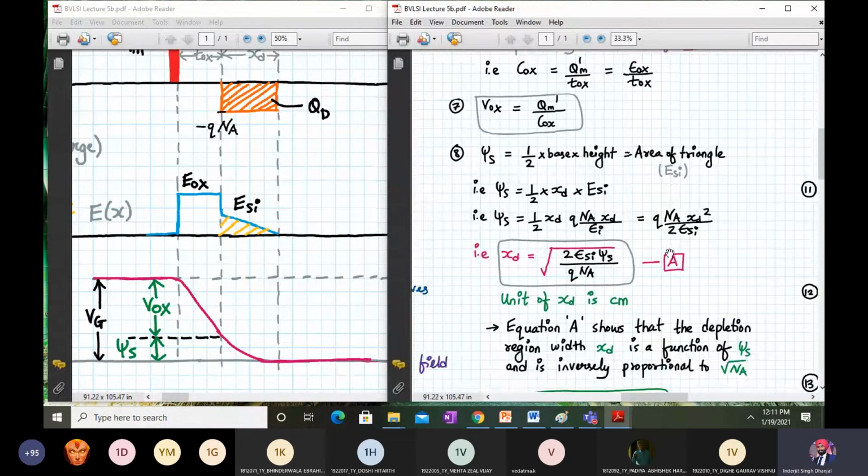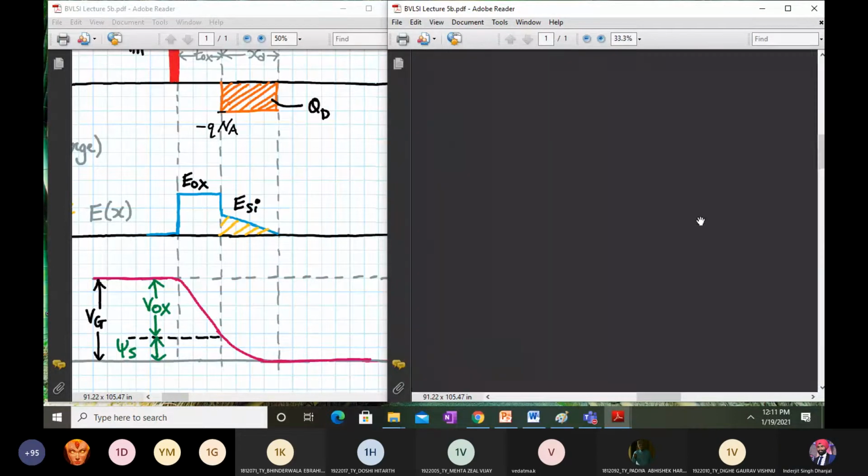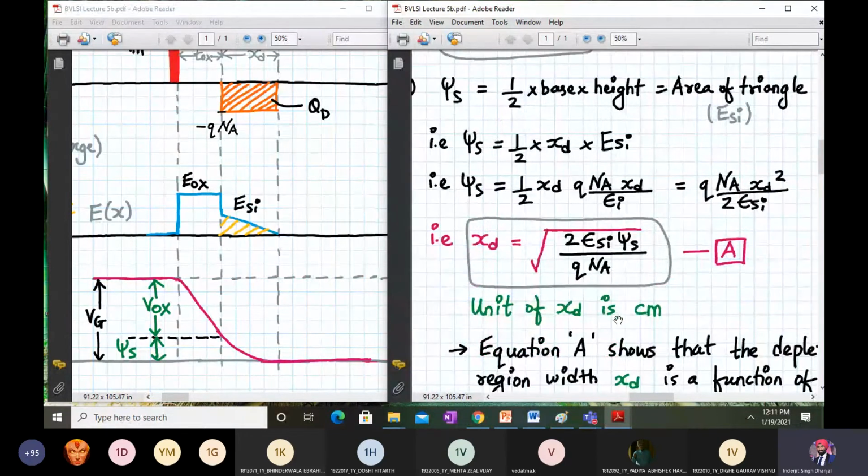If you multiply that, you will get Na xd, which will become xd square, divided by epsilon Si. So if we want to write it in terms of xd, xd will be given by the square root of 2 epsilon Si psi s divided by Q into Na, and the unit of xd is centimeters.